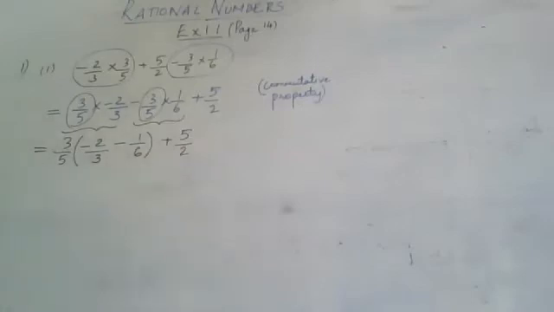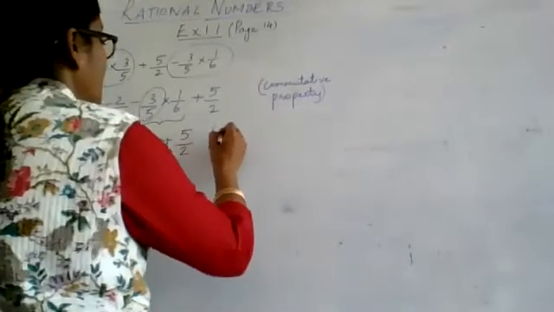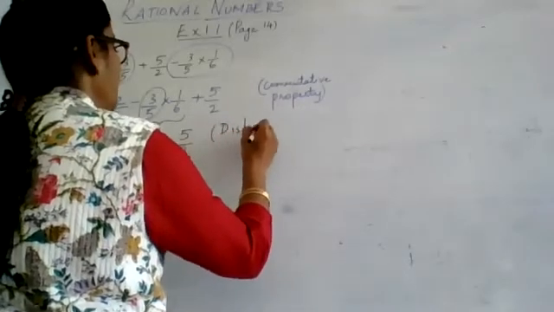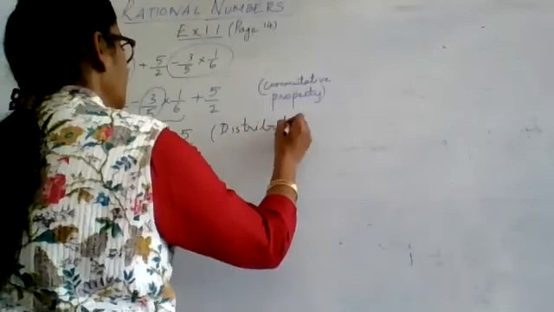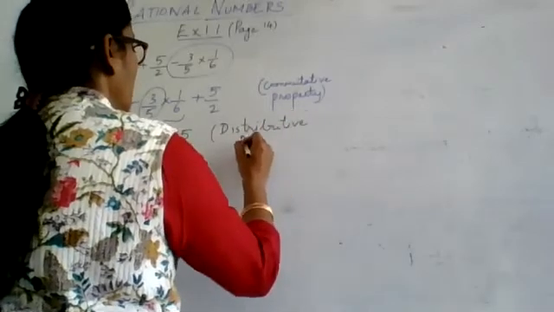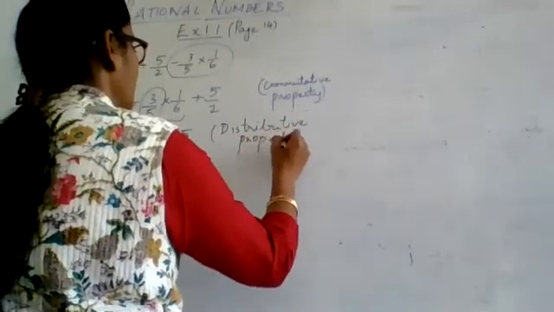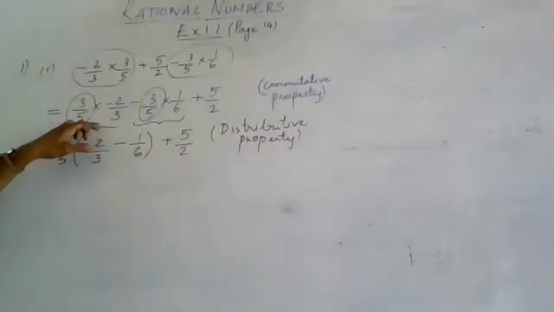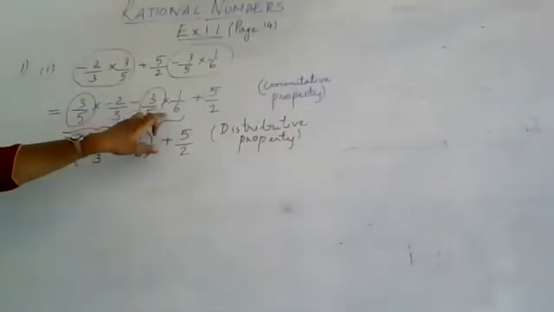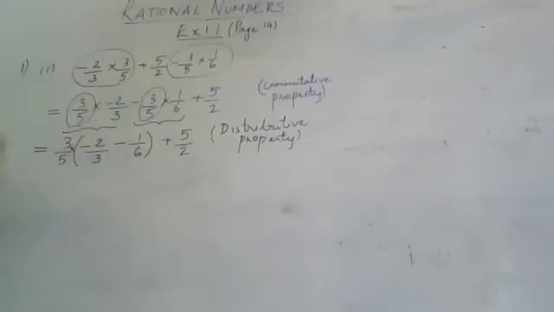I hope this is clear. So by removing this 3 by 5 as a common factor between both these terms, I am trying to bring the distributive property. I am distributing the 3 by 5 over the first rational, which is 2 by 3 with a negative sign, and the second rational 1 by 6 again with a negative sign.